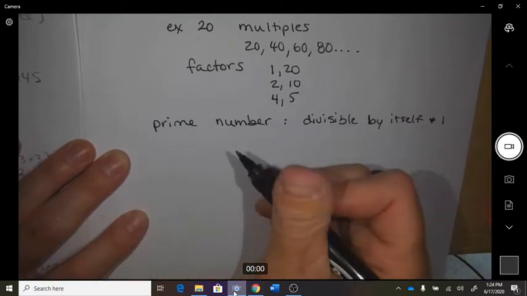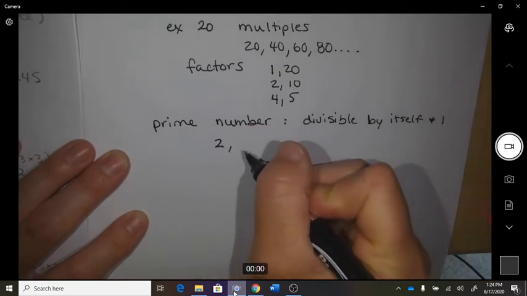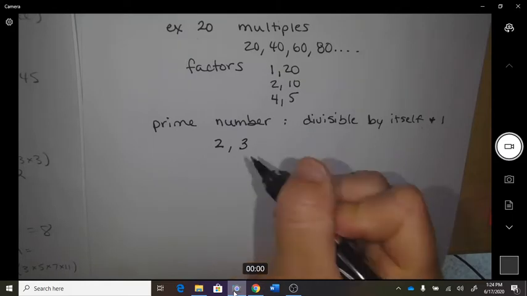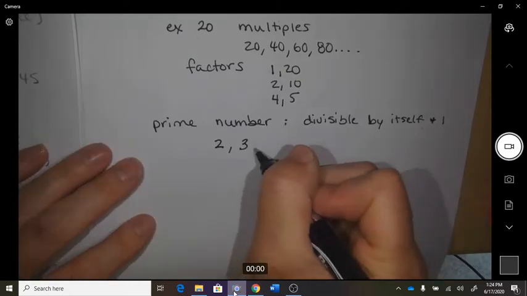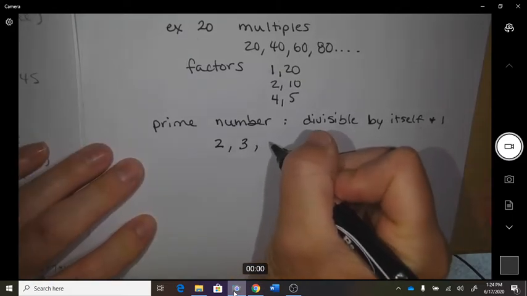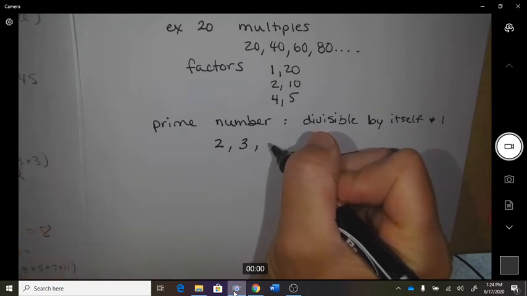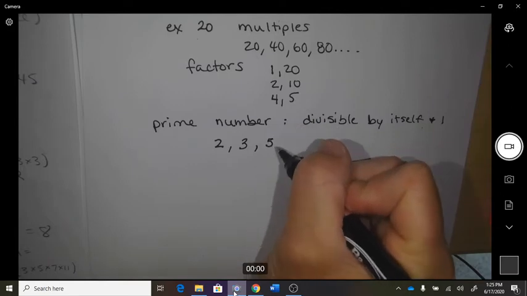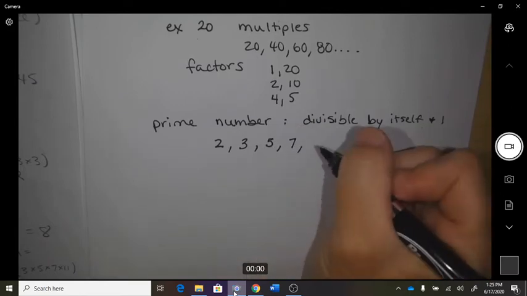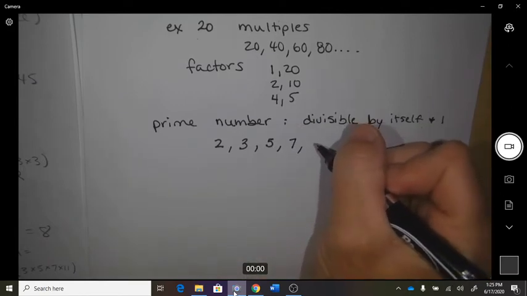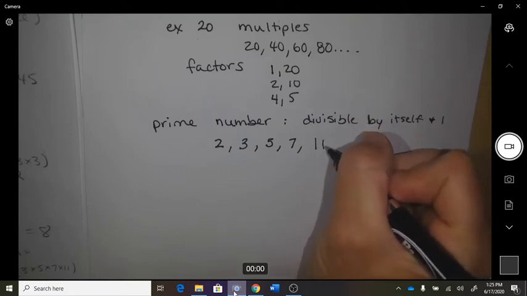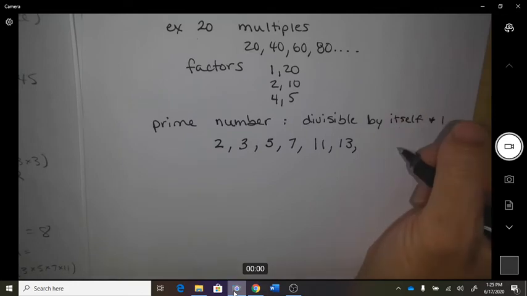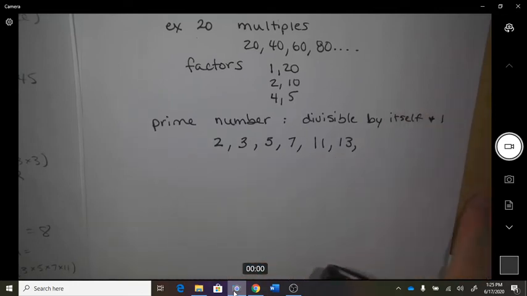So what are the prime numbers? 2 is prime because it can only be divided by 2 and 1. 3 because it's only 1 times 3 to get it. 4 is not because 4 has 1 and 4 and 2 and 2, so therefore it's not prime. 5, 7, 9 is not because it's got 3 and 3. 11, 13, so all the evens besides 2 don't work.